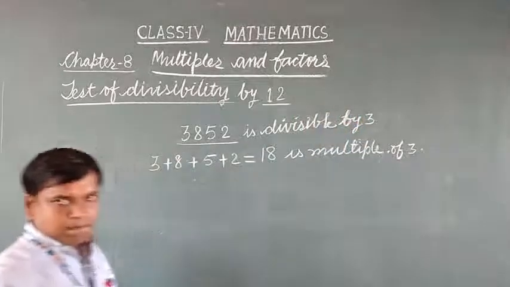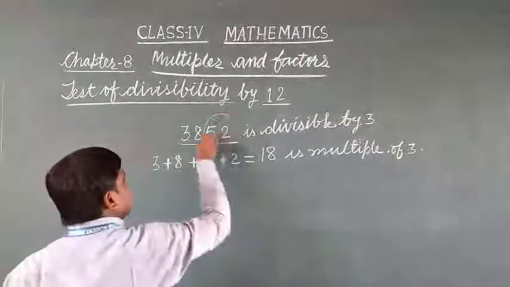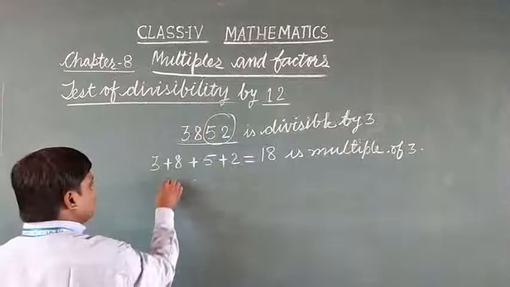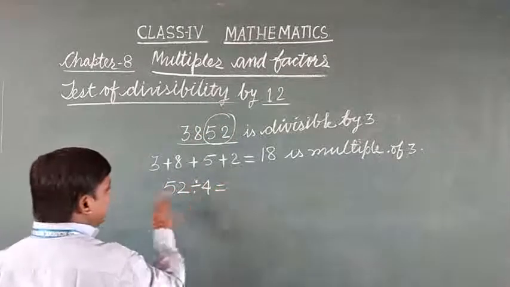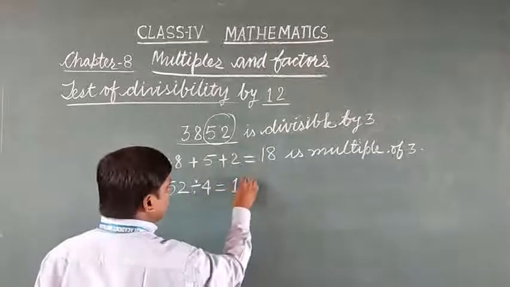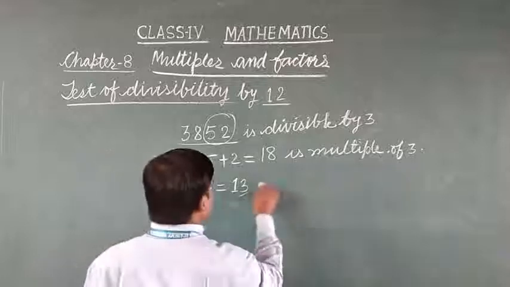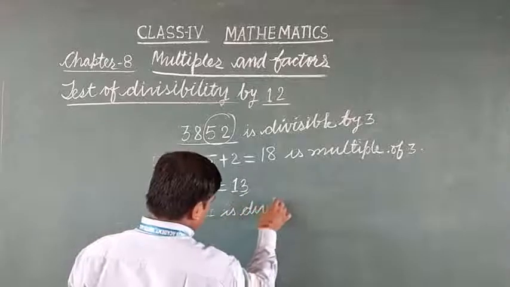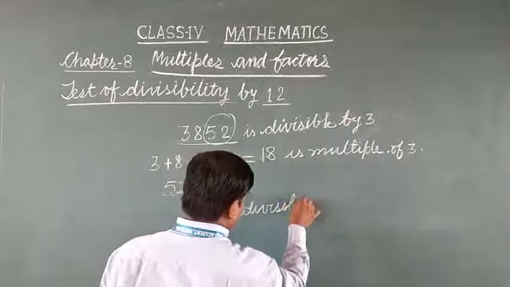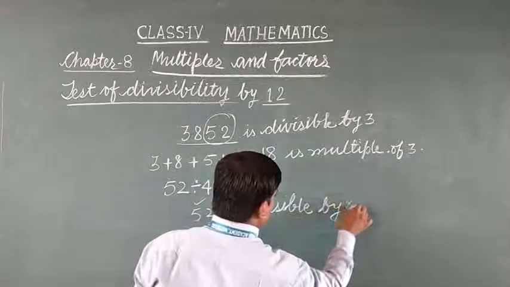Now we have to check whether this number is divisible by 4 or not. So we will take the last two digits, 52, divided by 4. We know 52 divided by 4 we will get 13. So 52 is divisible by 4.